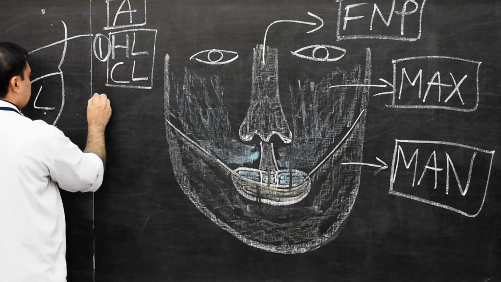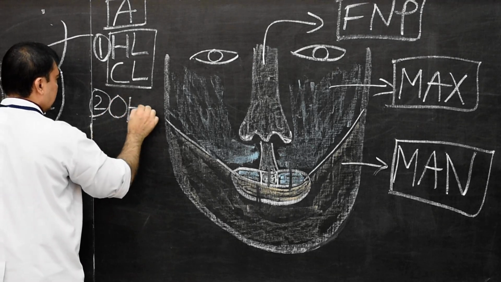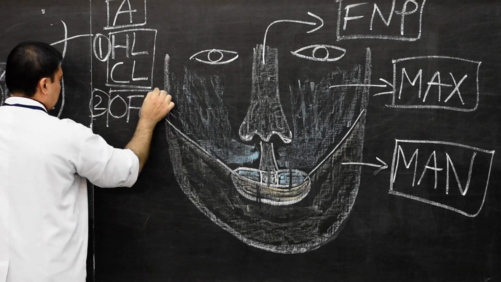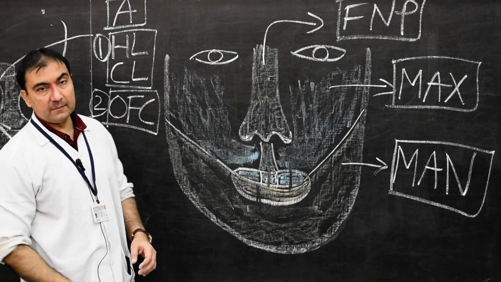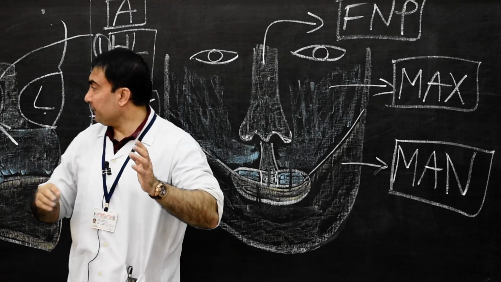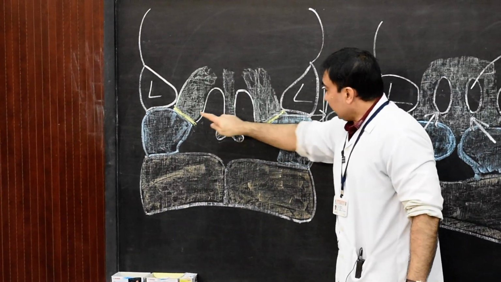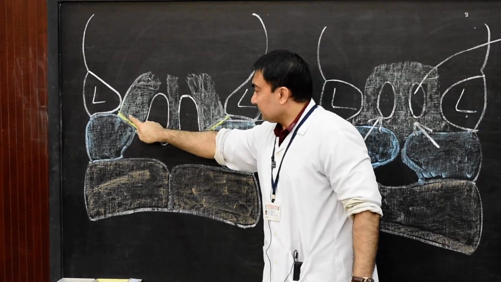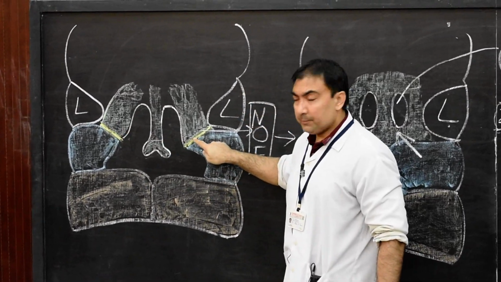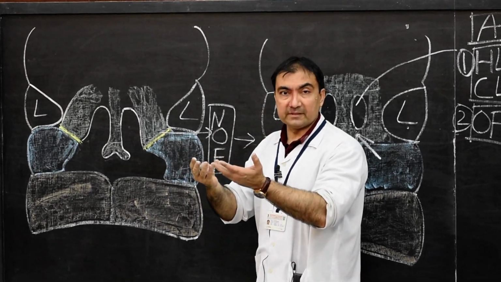Then we come to the second, very important, oblique facial cleft. Sometimes non-fusion of maxillary process with the lateral nasal process, then what will happen? This naso-optic furrow will remain exposed on the surface.